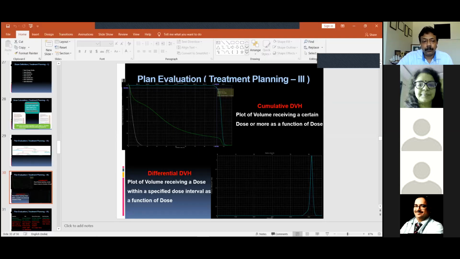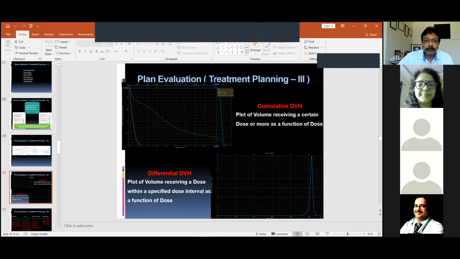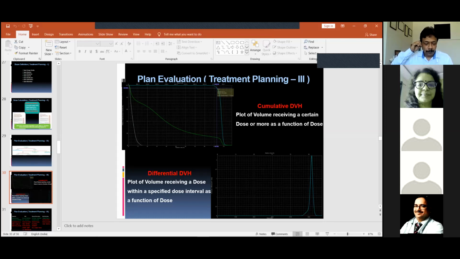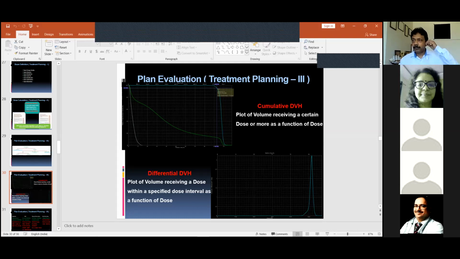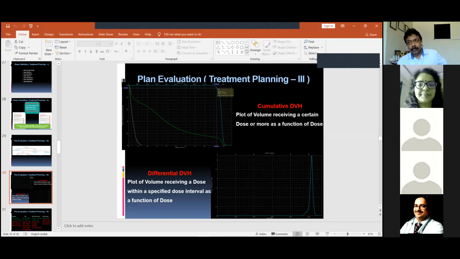Okay, thank you. So the next question is, what is the role of non-coplanar beam in IMRT? We can perform static IMRT. It is useful in static IMRT, meaning fixed gantry IMRT.